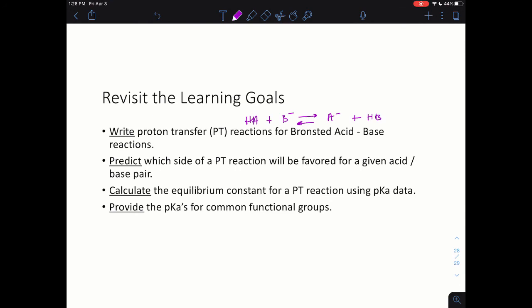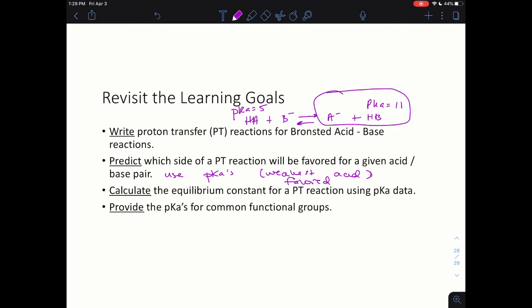You should be able to predict which side of a proton transfer reaction will be favored for a given acid-base pair, and you want to use pKa's. So the weakest acid will be favored at equilibrium. For example, if HA has a pKa of 5 and HB has a pKa of 11, HB is a weaker acid, and so this side is favored at equilibrium.